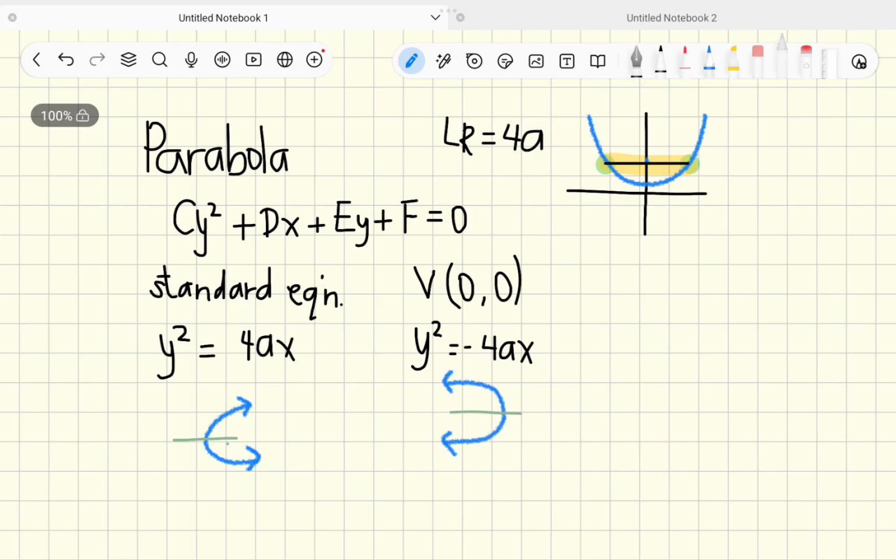So facing right, y squared equals 4ax. Facing left, y squared equals negative 4ax.